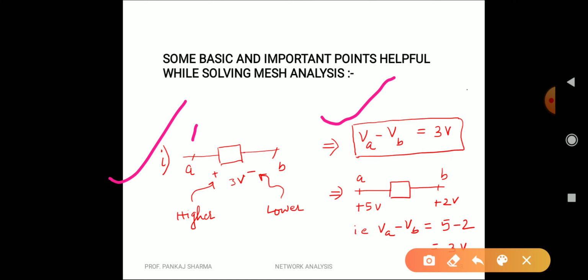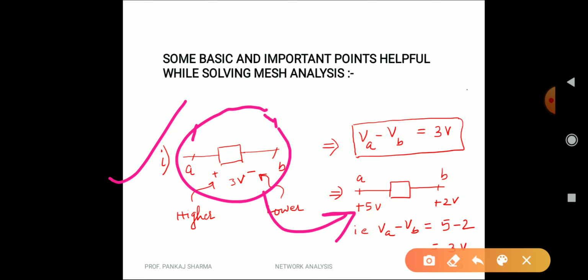The same problem can also be interpreted as follows. See this, the same block is given like this. Point A and point B are given, but point A is at potential 5 volt and point B is at potential 2 volt.